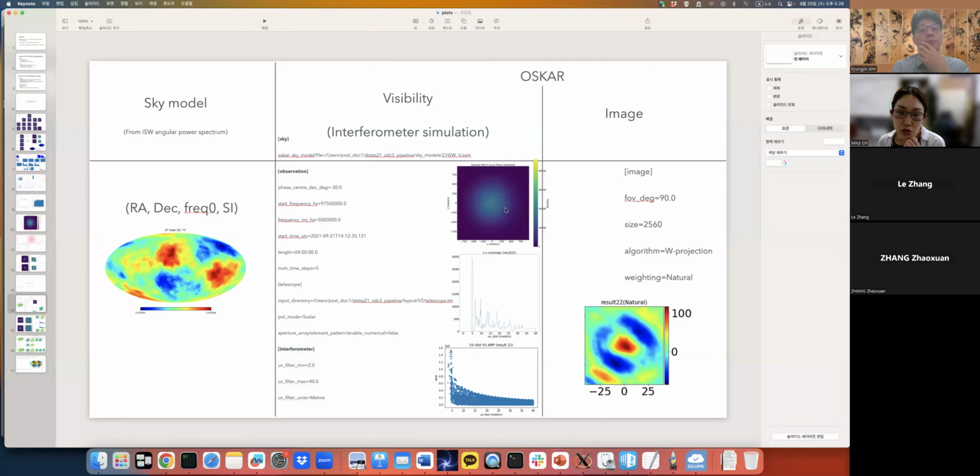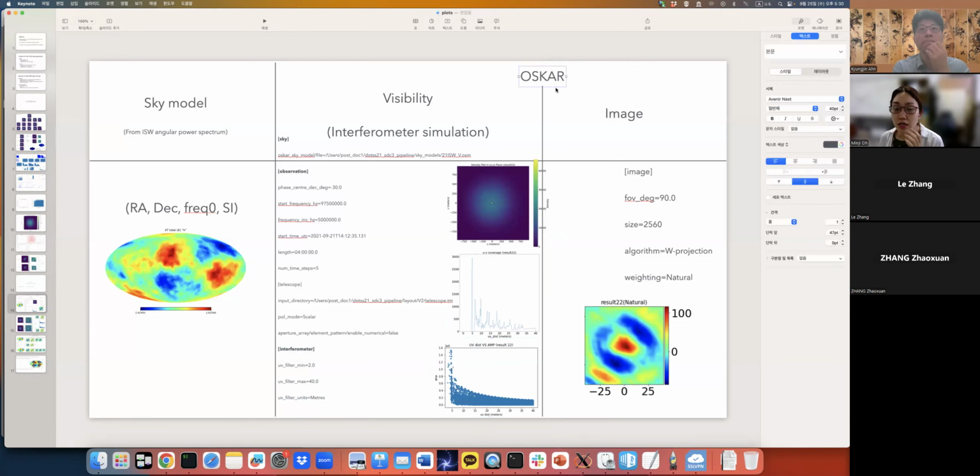If we shrink this 2D information into one, this is what we have: the number of modes along the UV distance axis. And this is the visibility amplitude. Because it's a complex number, I just took the amplitude and plotted it along the UV distance.